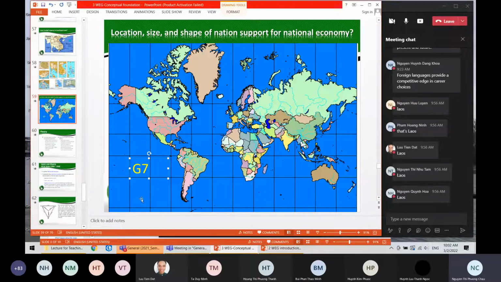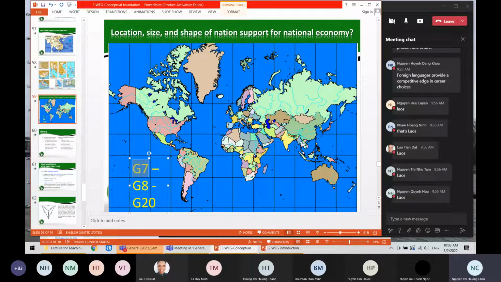G7 has maintained seven members for several decades, sometimes going to eight, G8. G7 maintained the seven strong economies, and G7 also supports the global economy, so that they can be stronger economies for their nations.